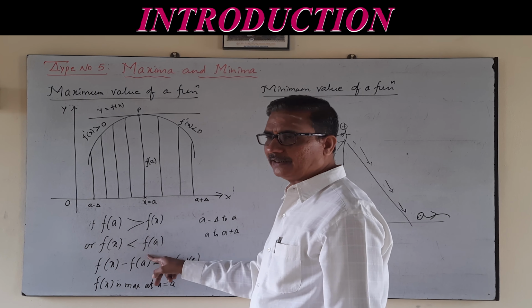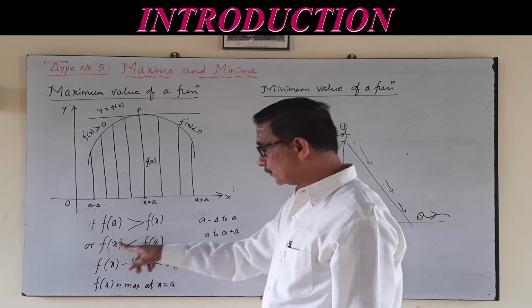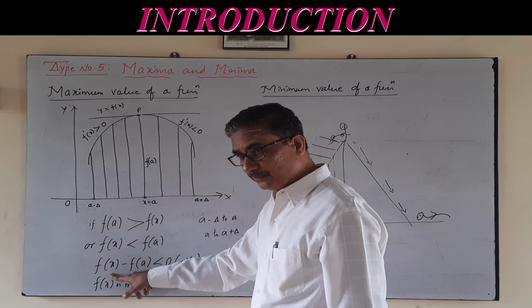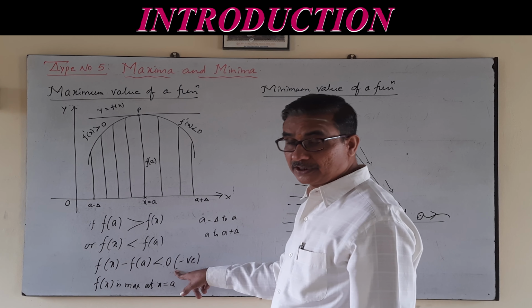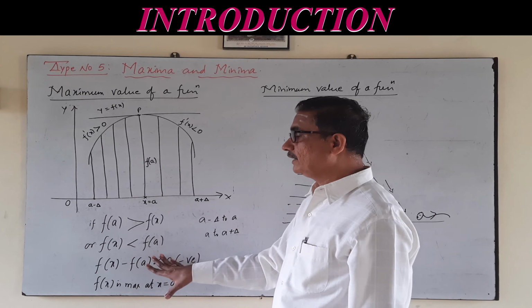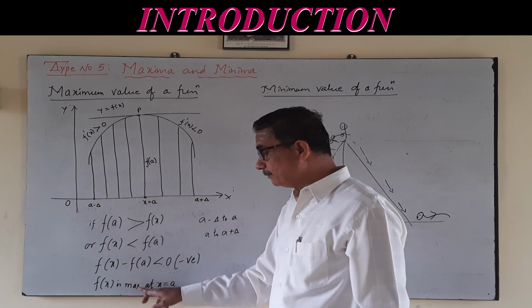Remove the inequality sign: f of x minus f of a less than 0. Less than 0 means negative value. So when we take the difference between the given function and the ordinate, if that difference is a negative value, then the function f of x is maximum at the particular point x equal to a. To identify at which point it is maximum, the answer must be negative.